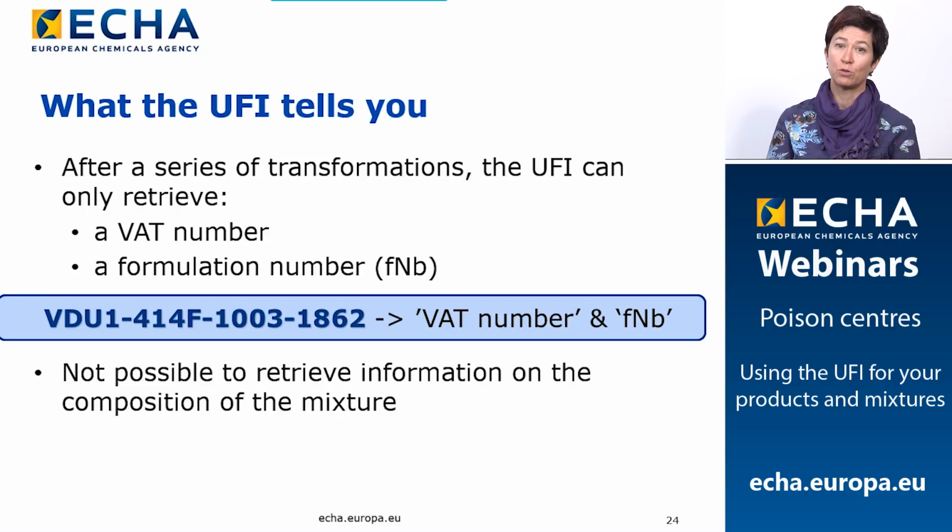But it is possible to reorganize the information that was entered. So in other words, the UFI code itself can only ever tell you the VAT number and the formulation number that was used to generate the UFI. But it is not possible to retrieve any information on the composition of the mixture.